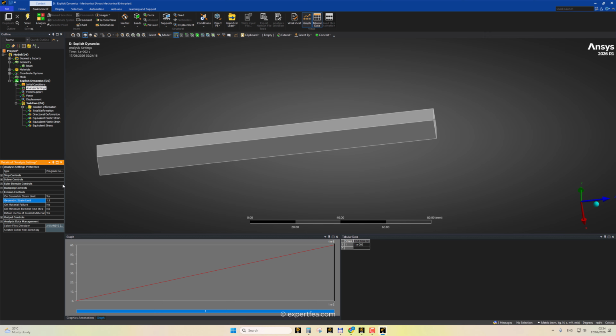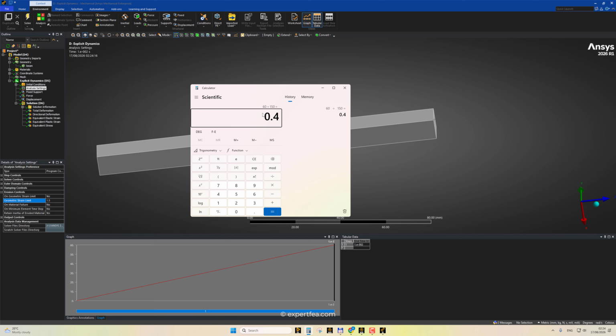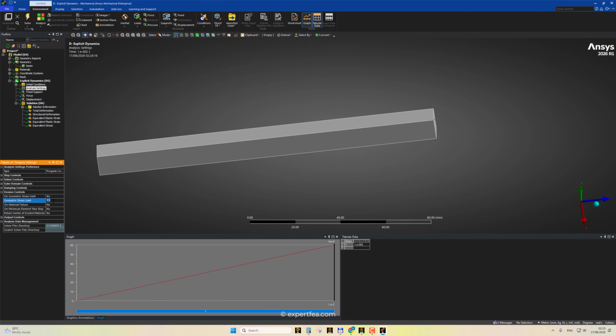We know that the expected strain should be around 0.5. So let's put a value before 0.4 in order for the FEA, for the mesh to break when it reaches 0.4. For example, let's assign 0.35. And if we are correct, at this strain, the material should break.